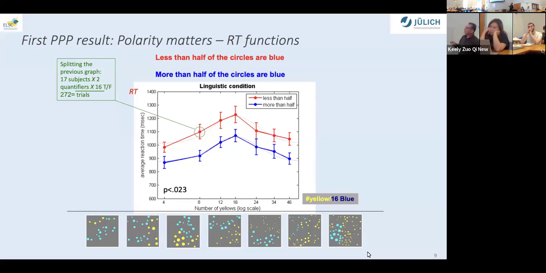This corresponds to the mean reaction time on this image, collapsing across truth values. And you can see that as the proportion gets closer to 1, reaction times go up. Then as it gets further away from 1, the reaction times go back down again. You can see that, okay?